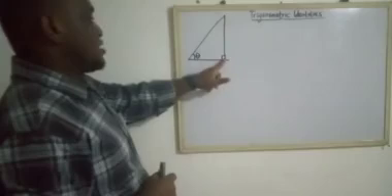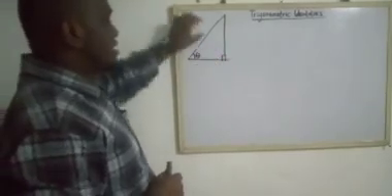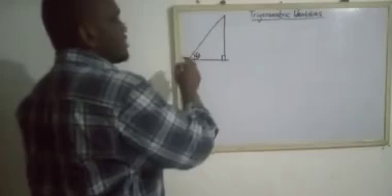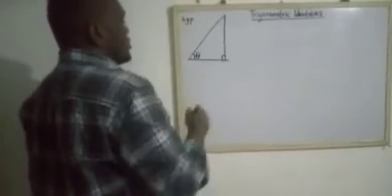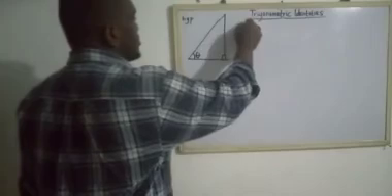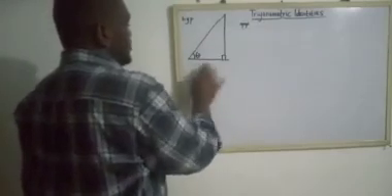So this perpendicular angle is 90 degrees. Since this is the side facing this 90 degree angle, it makes this side of the triangle the hypotenuse. Of course, since this is my angle theta, this is my opposite. And the last side is my adjacent.